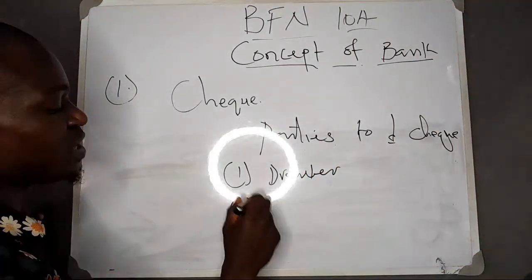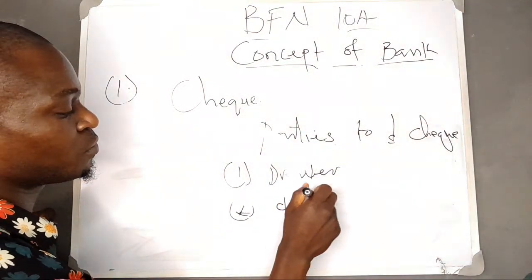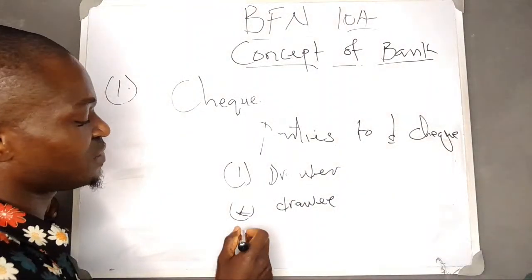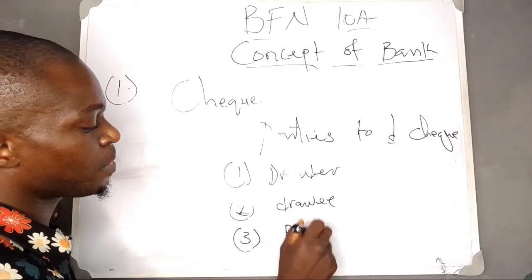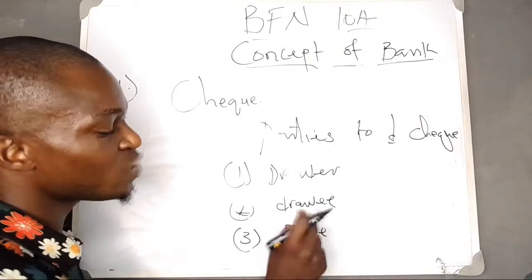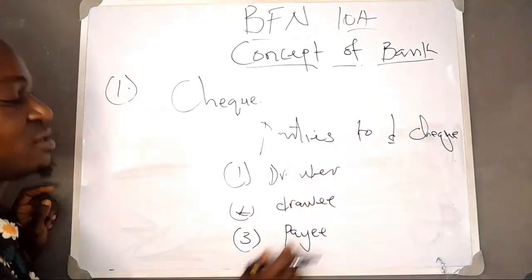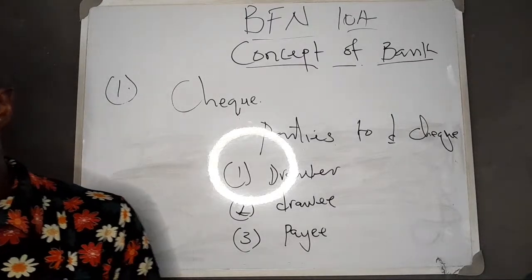We have the drawee, that is the bank who is paying the money. And again, we have the payee. This is the third party who is receiving the money, the one presenting the check to the bank. So these are the parties to a check.